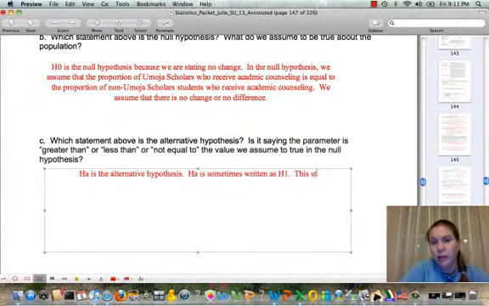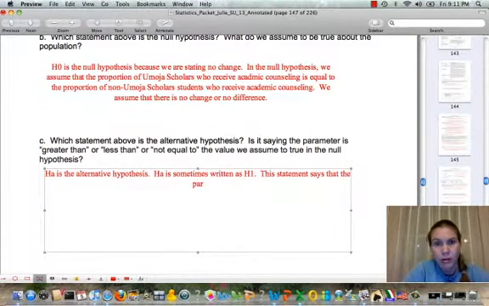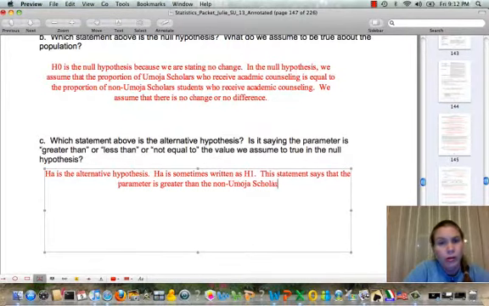So this statement says that the parameter is greater than the non-Umoja student's value that we assumed was equal in the null hypothesis.